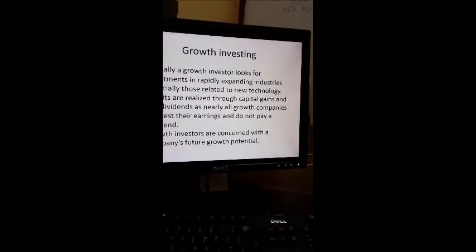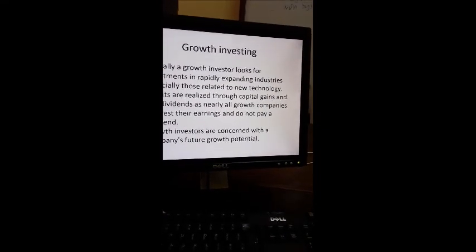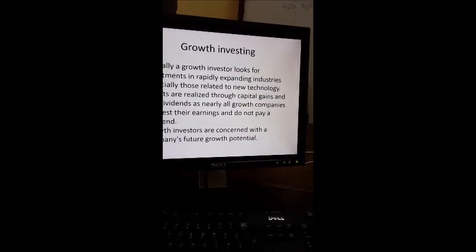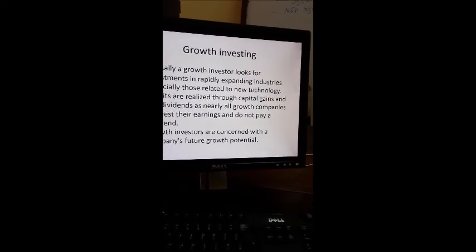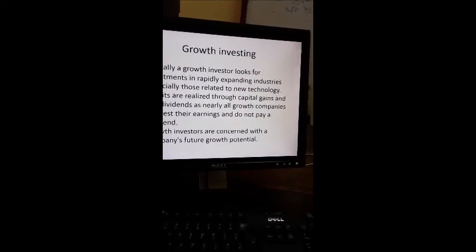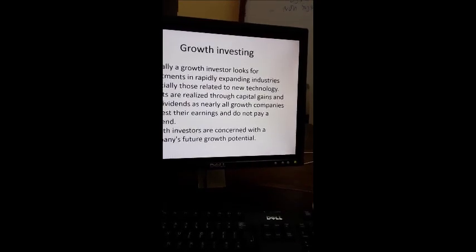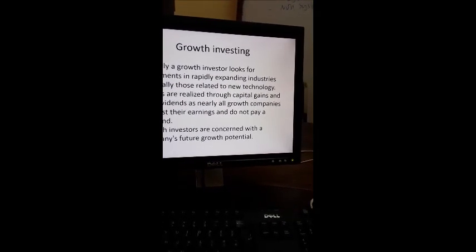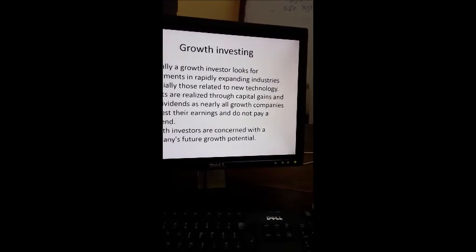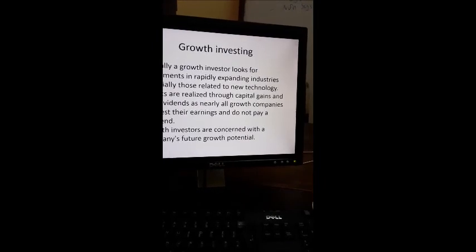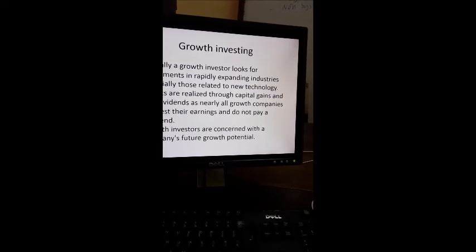Now the next investment strategy or stock picking strategy is known as growth investing. Typically, growth investors look for investment in a rapidly expanding industry, especially those related to new technology. So the growth investor normally wants to invest in companies which are fast growing. Normally, the growth investor is interested in capital gain.